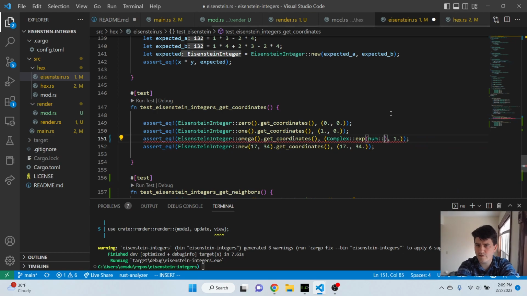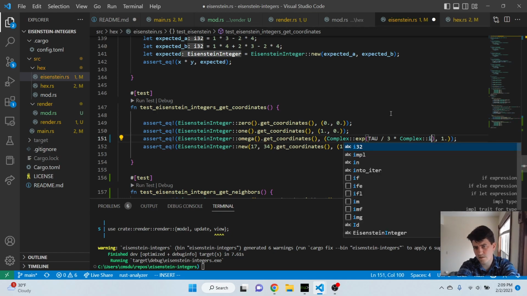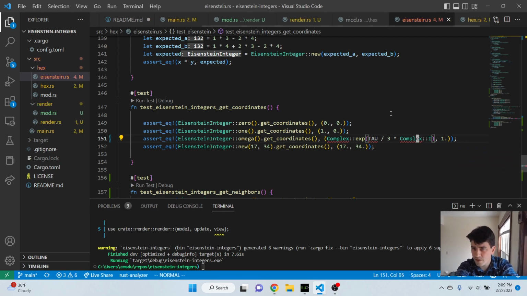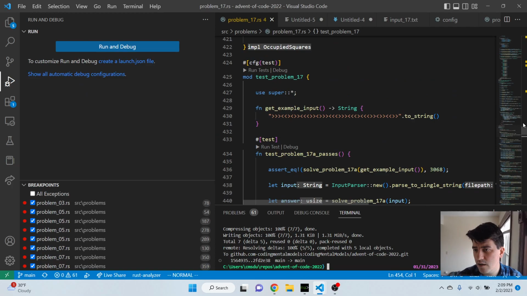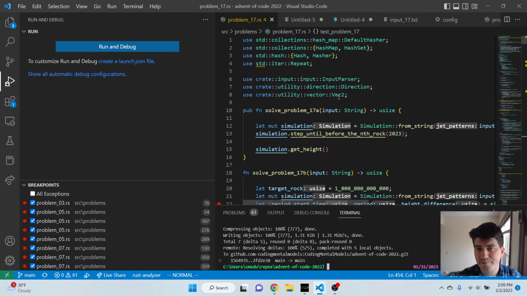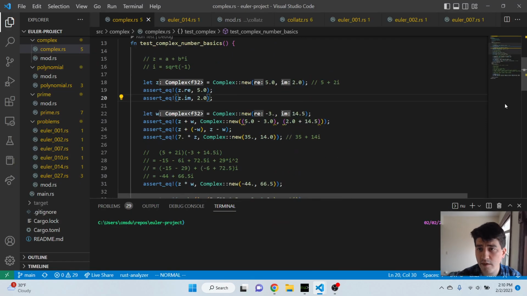Num tau, let's just do tau over 3 times complex I. Something like this. Okay, and then it says what the hell are you talking about? And we look and find out how we did complex numbers in the past. What did we use? This is not the right repo. This is the right repo.